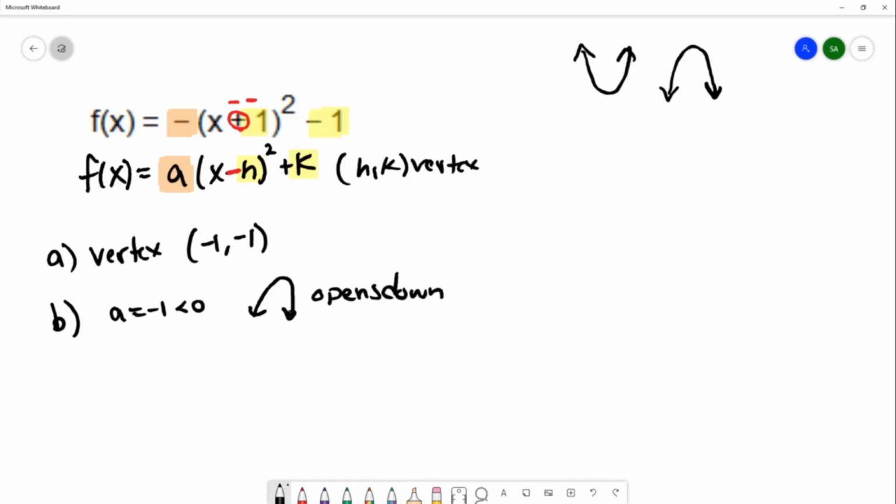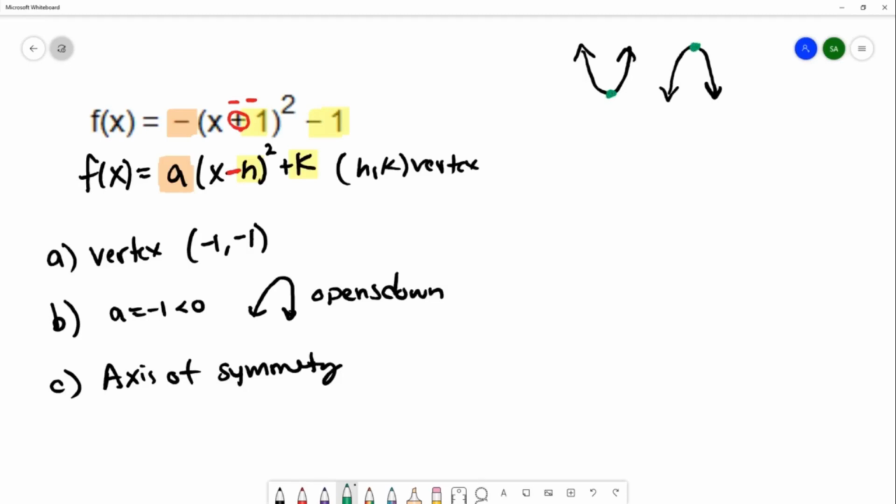And the final thing that I want to know about this function is the axis of symmetry. Now, as I said a moment ago, the graph of a quadratic is a parabola, and these parabolas will be symmetric around the vertex. So let me mark where the vertex is.